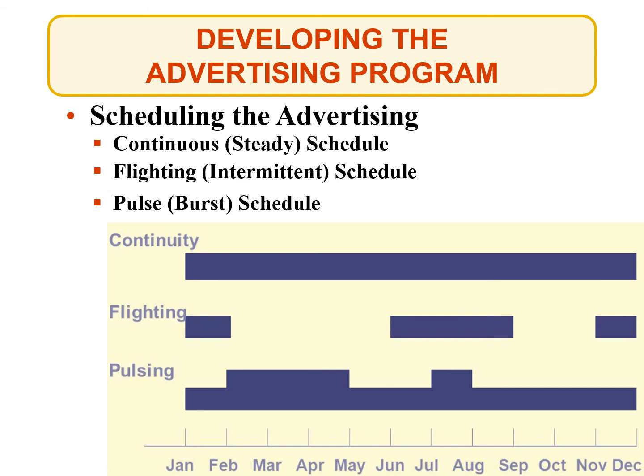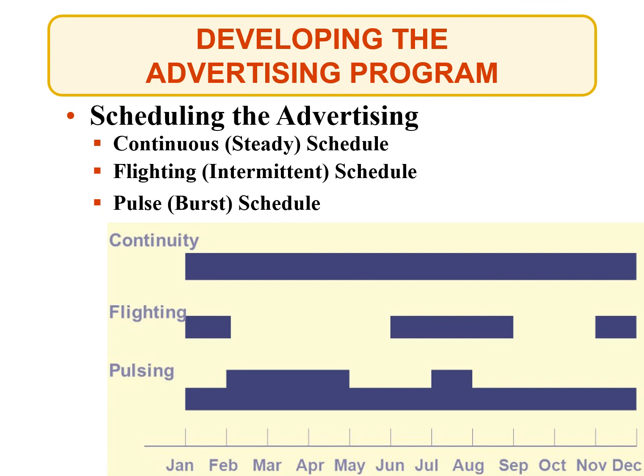Flighting has an intermittent schedule, which means you show the advertisement from January to February, and then you stop, and then you go for more advertisements from June to September, and then you stop, and then you show another set of advertisement or the same set from November to December, and then you stop again.